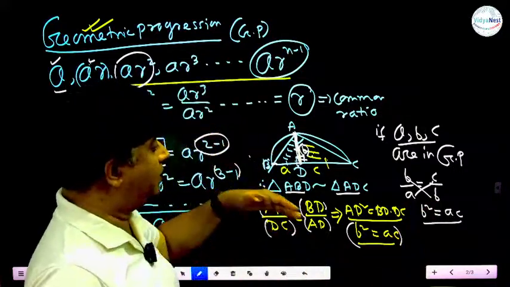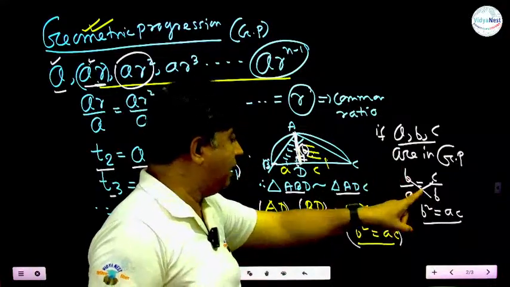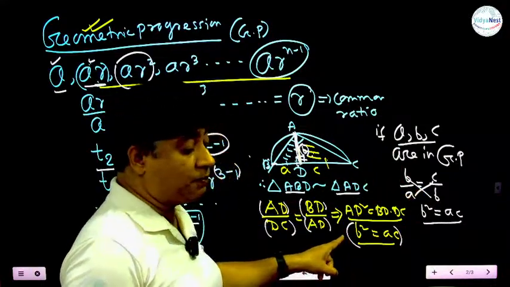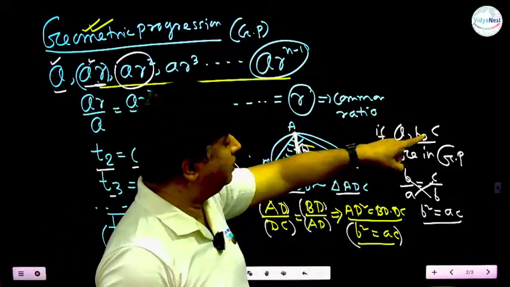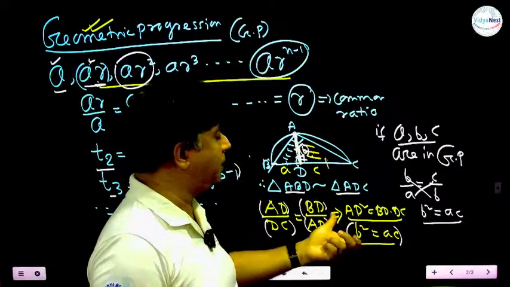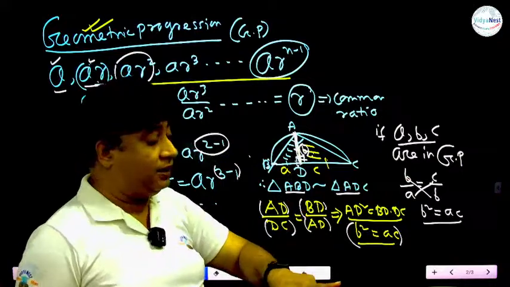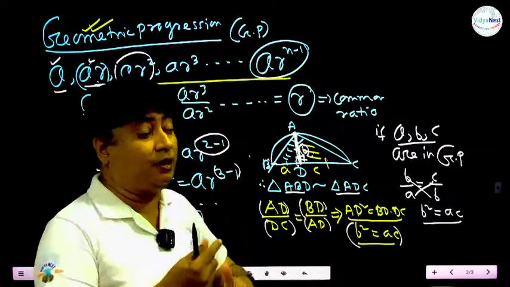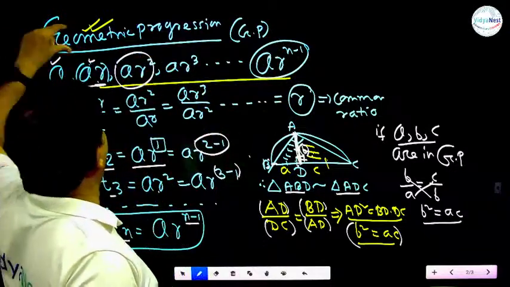So this GP concept is matching with the concept of similarity. So actually, the relation between these three numbers in GP depicts the relation of similarity of two triangles, which is actually involved in geometry. So these progressions are going geometrically.